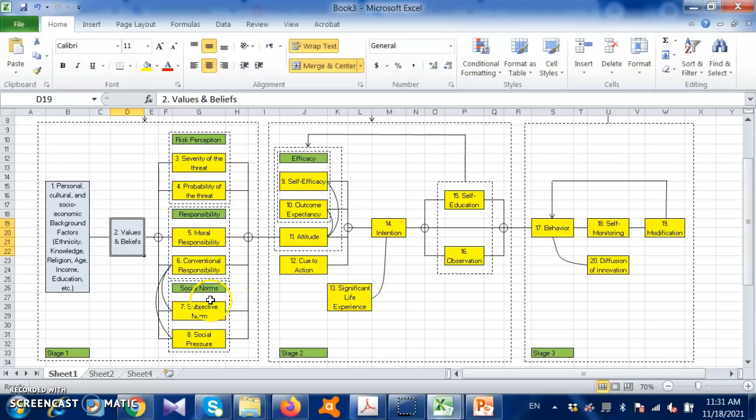That connects to the third component, which is the social norms, divided into subjective norms, which is the influence of smaller social circles like friends and family, and the other one is social pressure, which is connected to other people within bigger social circles like coworkers.